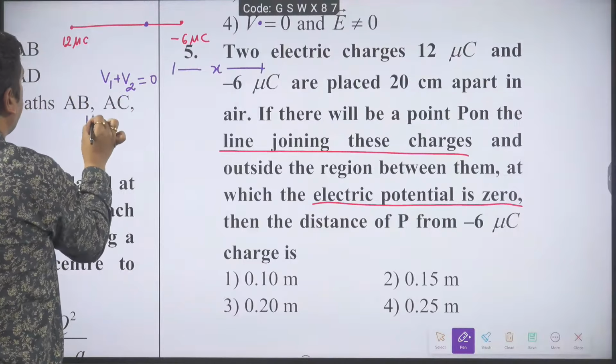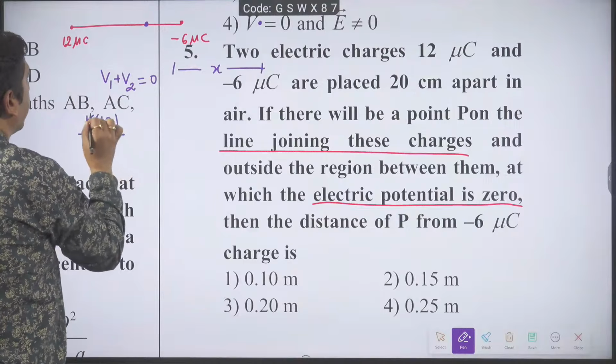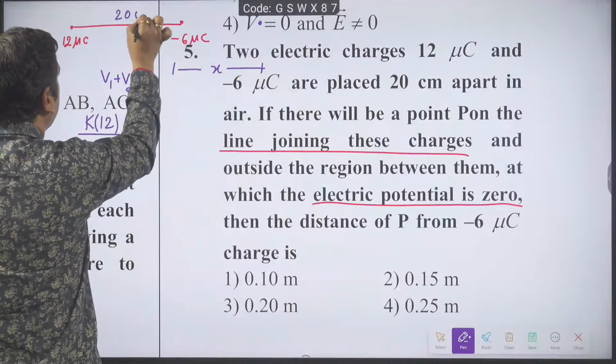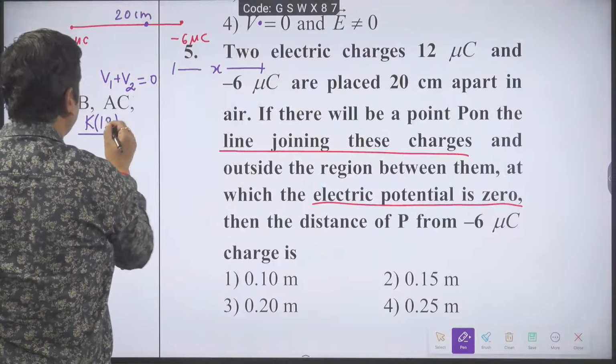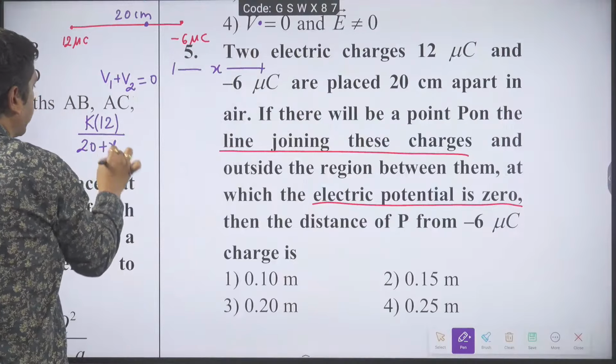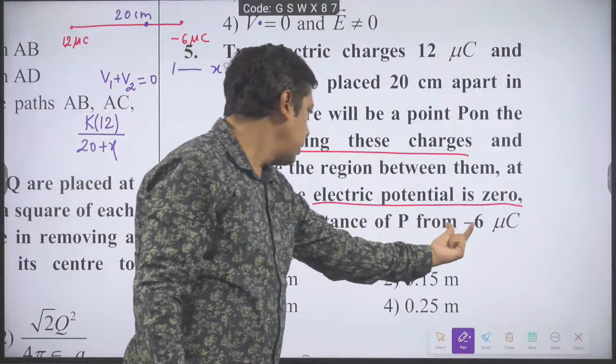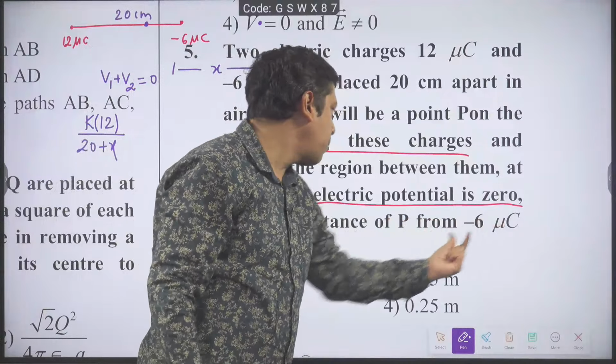So due to -12, it will be KQ by distance. This one is given how much? 20 centimeter. So it will become 20 plus x. We have taken the distance of the point from -6 because they are asking the distance of P from -6 only.